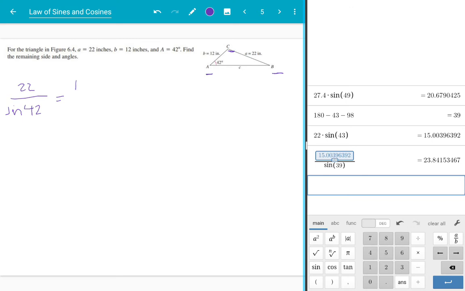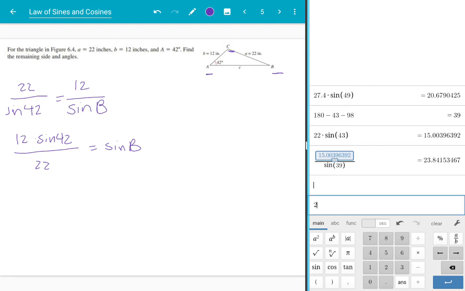So it's going to be 12 over the sine of B. Really quickly, I'm going to cross multiply. So we get 12 times the sine of 42 over 22 is equal to the sine of B. Now remember, we're solving for B. B is an angle, so we're going to have to use the inverse eventually. But first, let's figure out what the left-hand side is equal to.